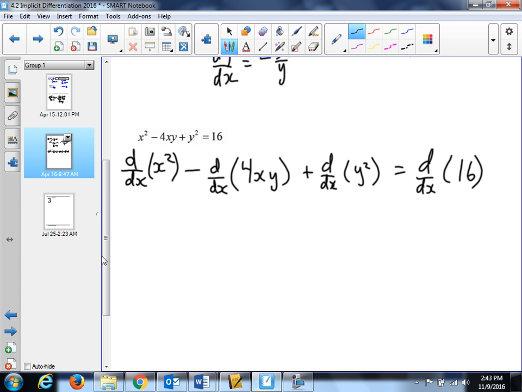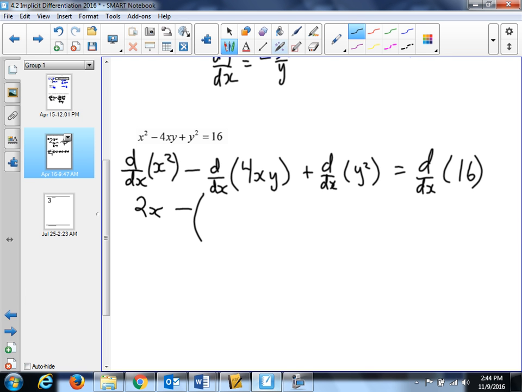Derivative of the first expression is 2x, right? Minus. I mentioned it already. But think of this as the product 4x times y, okay? That means we have to do a product rule. I've got the minus sign out here, but because I'm using the product rule, I'm going to use a bracket here, okay?